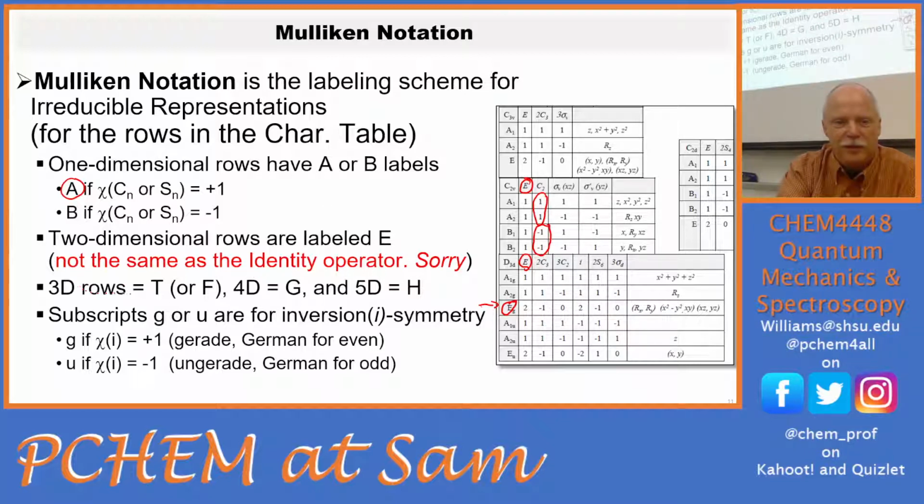Then 3-dimensional rows. So I haven't talked about what 2-dimensional rows mean. So notice on this E row, we have a 2 here. And it's whenever you have a couple of symmetry elements or basis sets that can't be separated. Let's go up here to C3v. This is a little easier one to see.